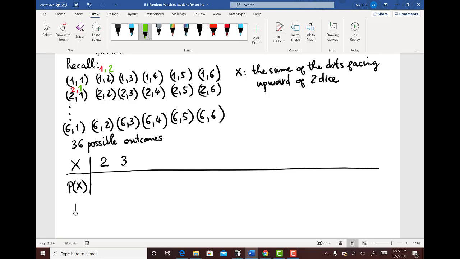You can see the difference between the two. These are two different outcomes, and each gives us a sum of 3. Well, and this goes on.